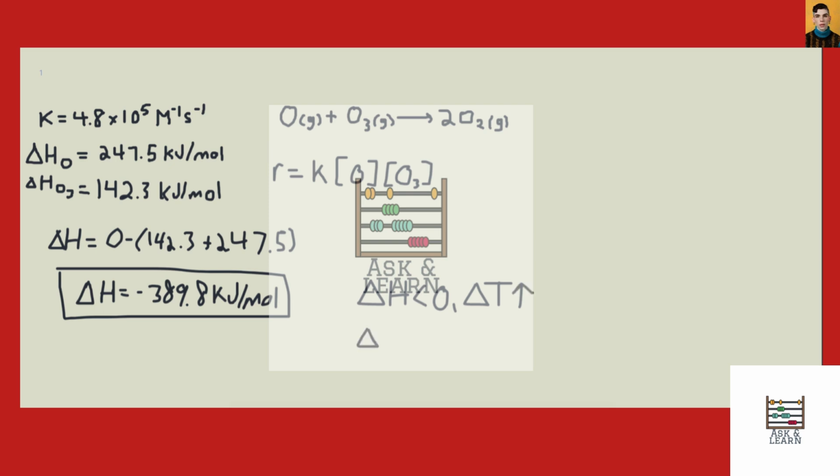And when delta H is greater than 0, temperature decreases. So you're going to see an increase in temperature when delta H is less than 0, for exothermic reactions, and for endothermic reactions where delta H is greater than 0, you're going to see temperature decrease.